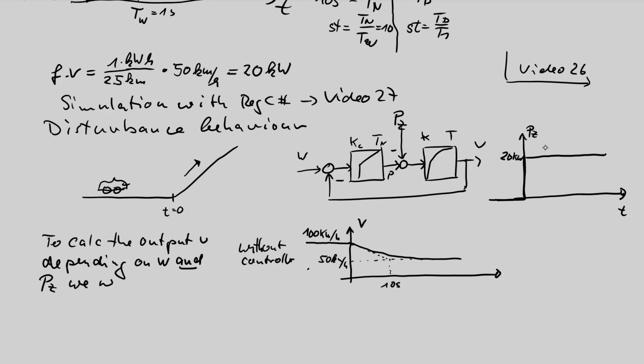We use the system property which is linear. Now we want to have linear PI, linear PT1, and then the system is linear, and the linearity gives the possibility to work with one of the 2 main properties of linearity. The name is the Superposition Law.